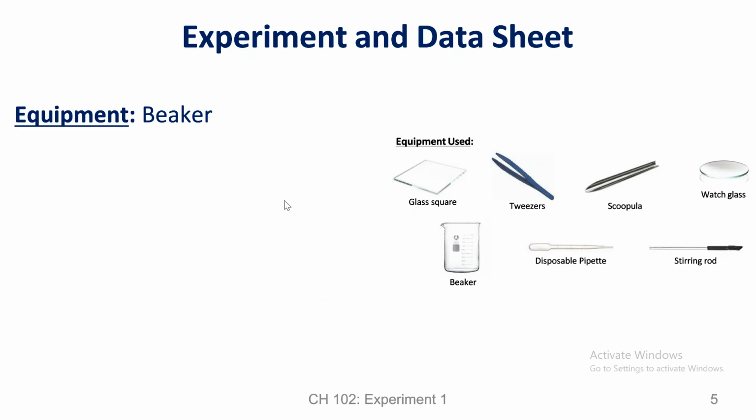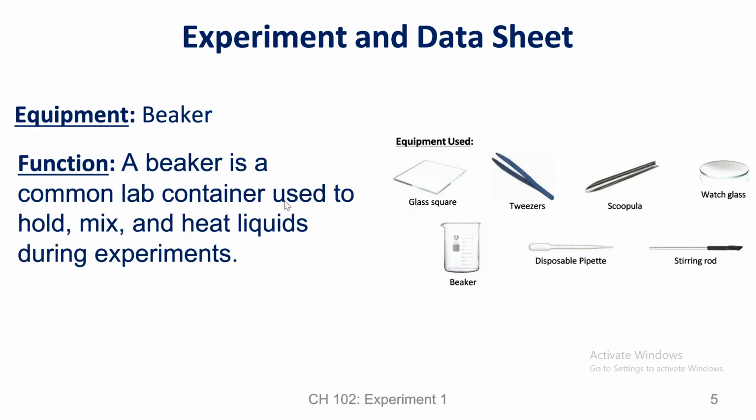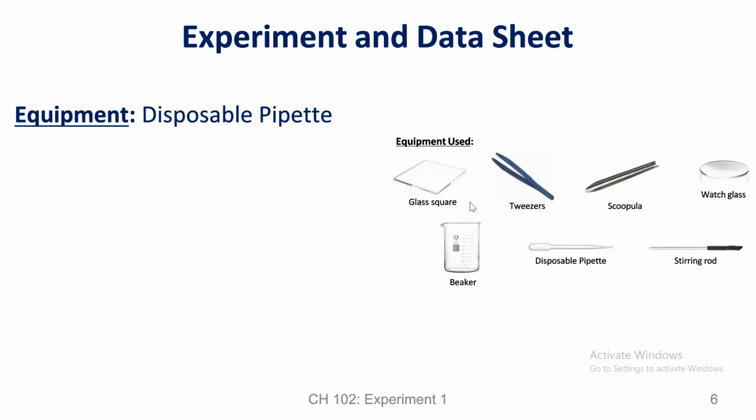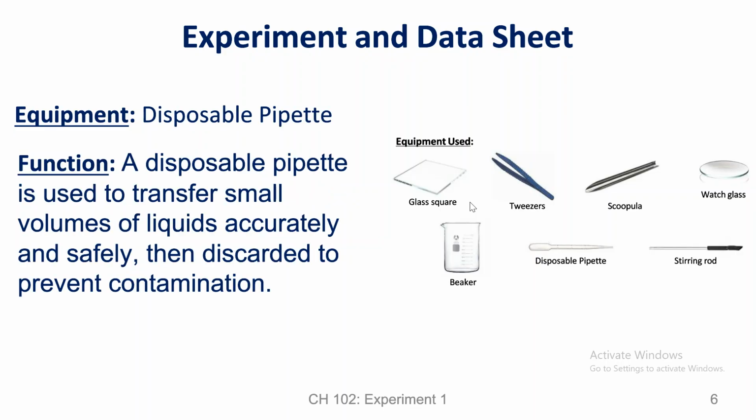The first equipment is the beaker. The beaker, as you see right here, is a common lab container used to hold, mix, and heat liquids during experiments. Next up, we have the disposable pipette. The disposable pipette is used to transfer small volumes of liquids accurately and safely, then discarded to prevent contamination.